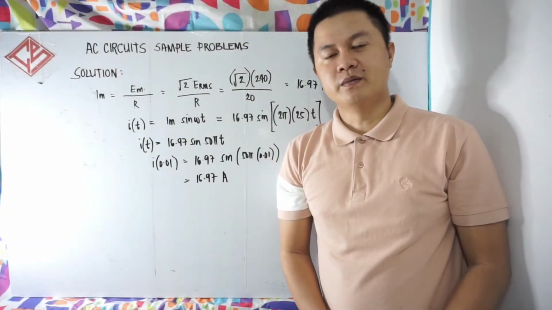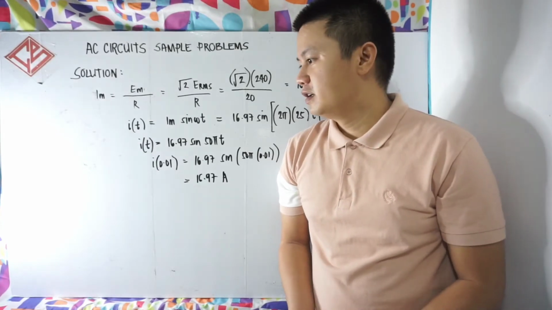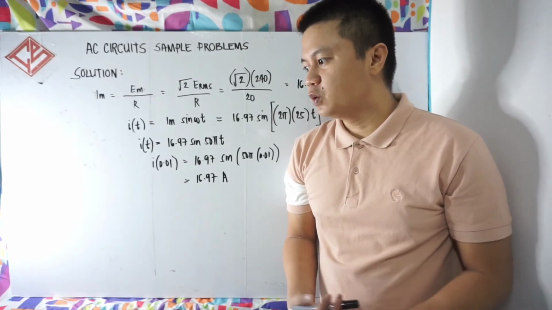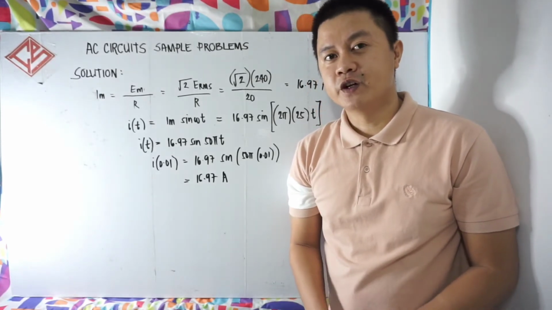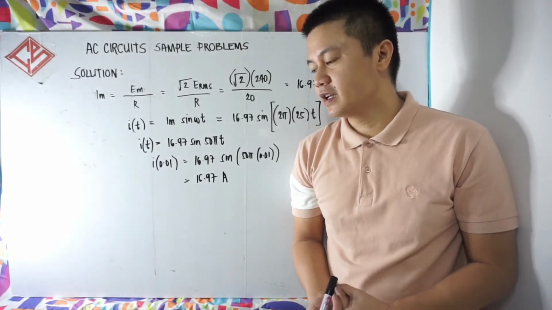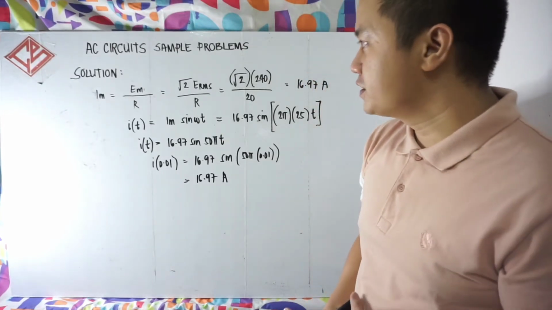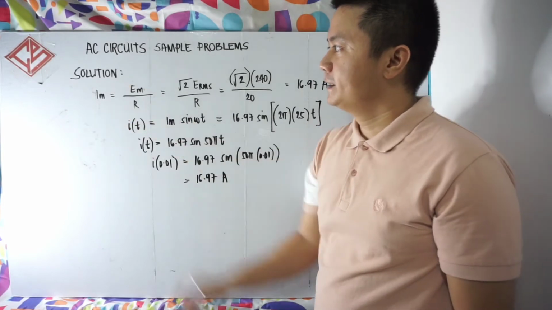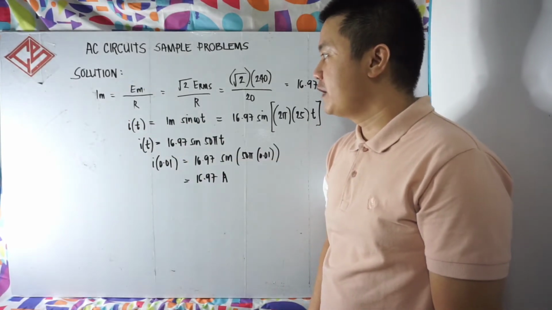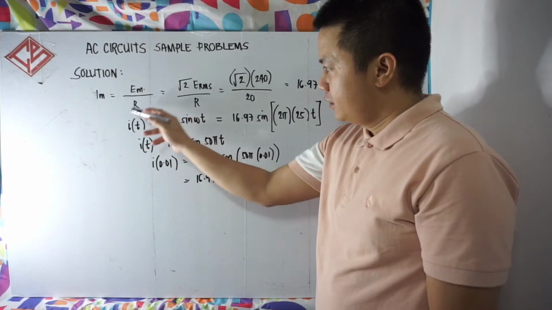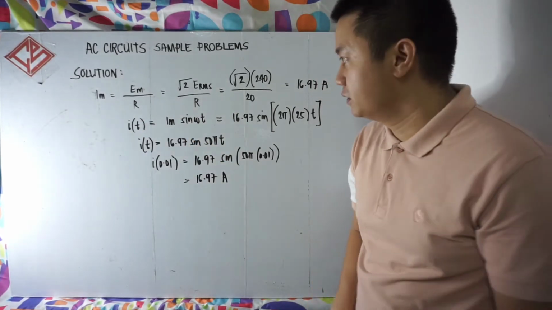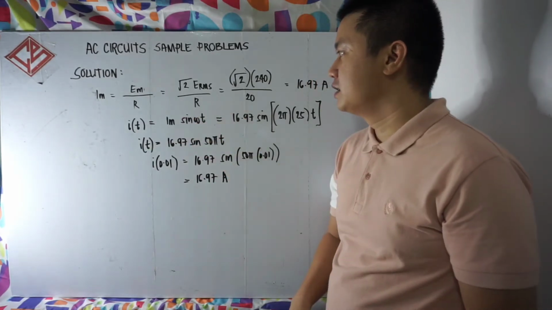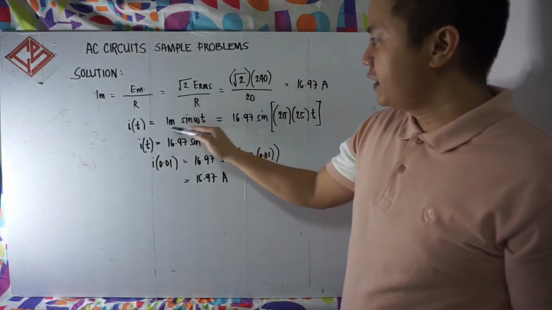For this problem, we are asked to find the instantaneous current given a 240 volt, 25 hertz sinusoidal generator. First, we're going to get the maximum current to find the function of the instantaneous current. So the instantaneous current i of t is equal to Im sine omega t. So we have to find this Im.